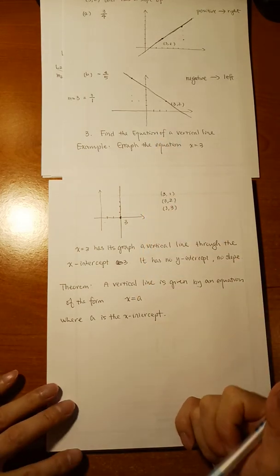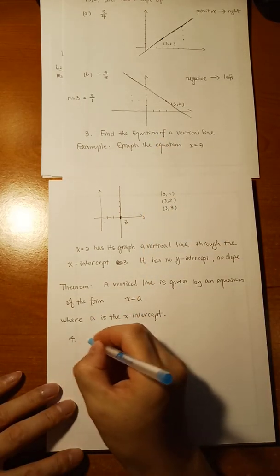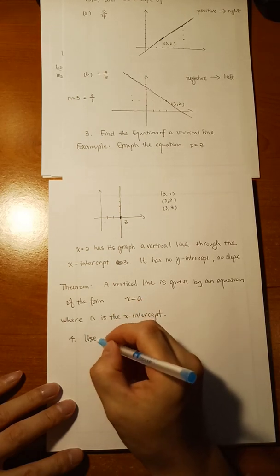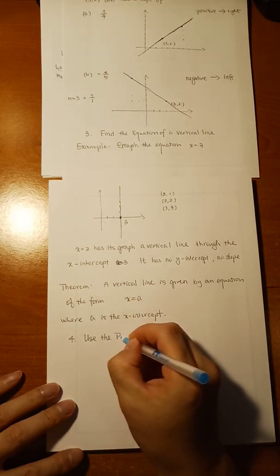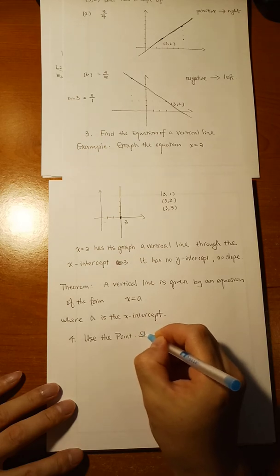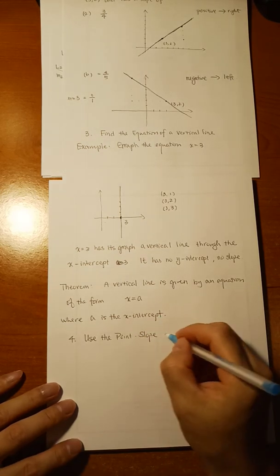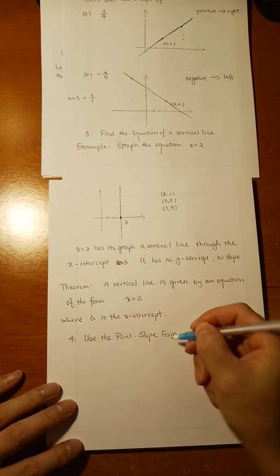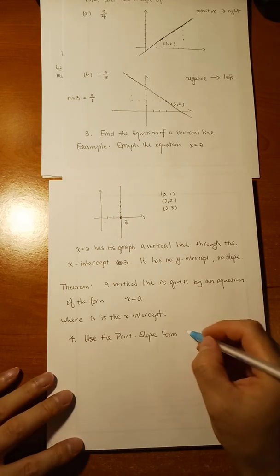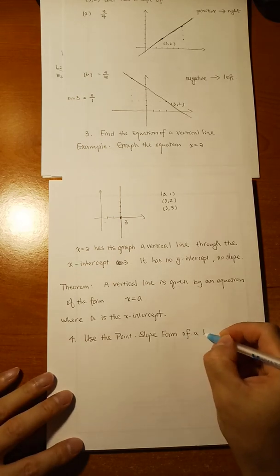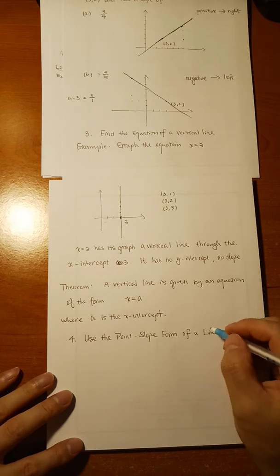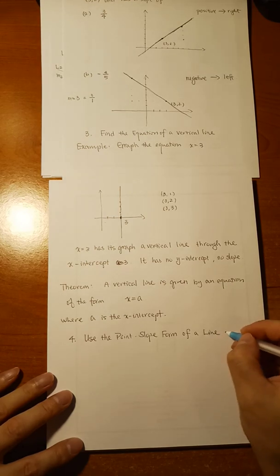To determine the equation, that is algebra. So use the point-slope form of a line. Use this and identify horizontal lines.